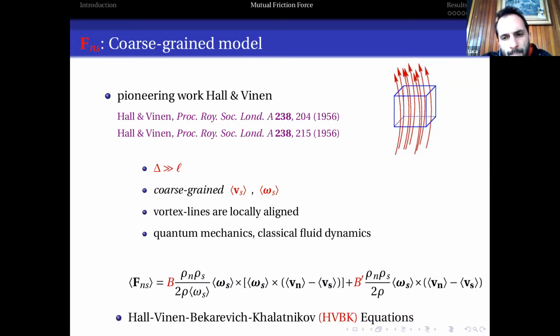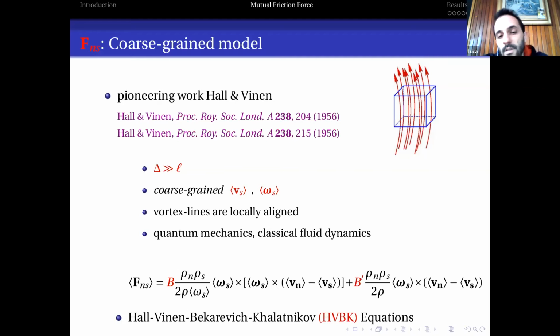The expression which was derived for the mutual friction force in this coarse-grained model was composed of two different parts. In both terms, you can see the presence of the average superfluid vorticity, and there are two temperature dependent friction coefficients, B and B prime.